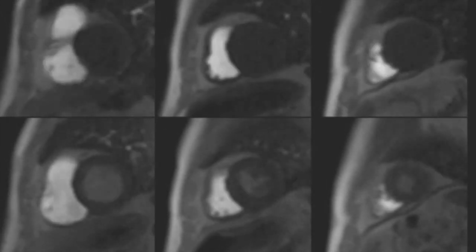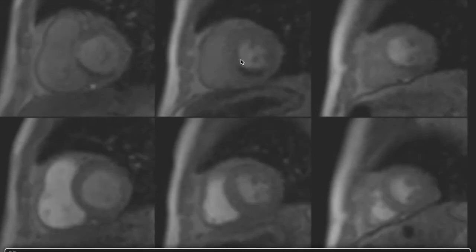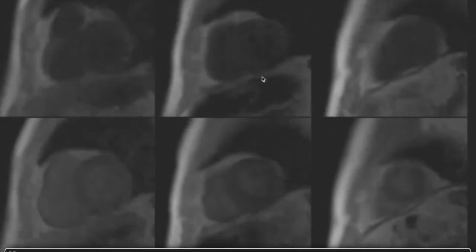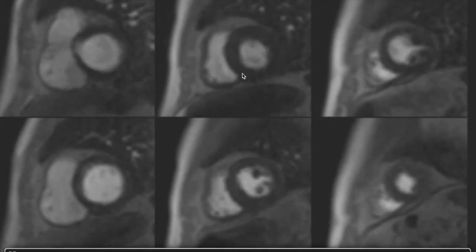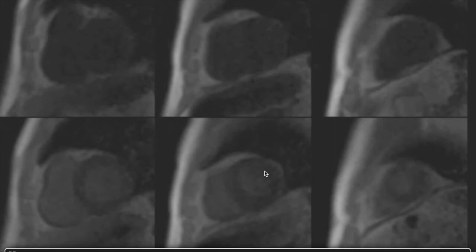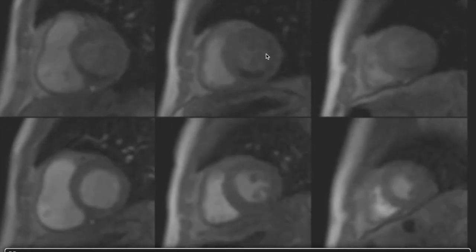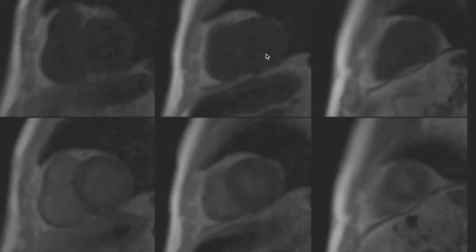Now, in this image, what you would see is the contrast first enters into the right ventricle, then into the lungs, left ventricular cavity, and then through the coronary arteries into the myocardium. And what we are looking for are areas of hypoperfusion. These areas are then compared with the same area at rest, whether this is a fixed perfusion defect or this is an inducible perfusion defect.